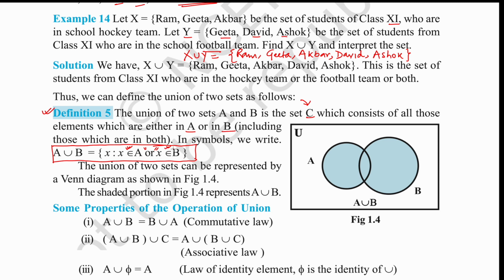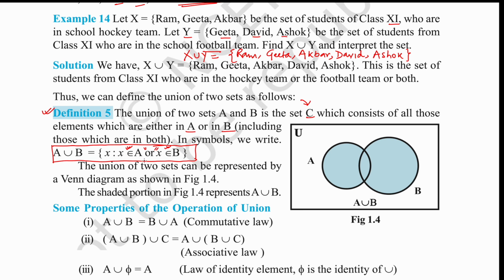If x belongs to B, this entire statement becomes true. And if x belongs to A as well as x belongs to B, this entire statement is again true. That means whenever two statements are connected with the word or, the truth of the statement can be established by the fact that at least one of the two independent statements should be true.